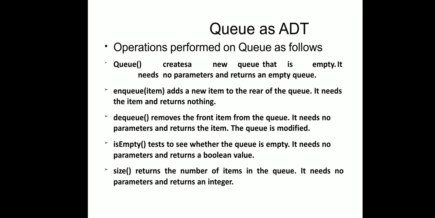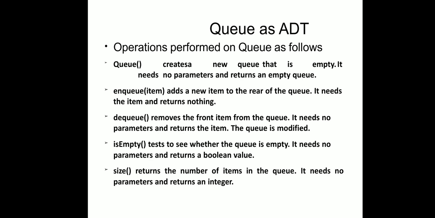In this case we don't specify any position because it gets added at the designated location, so we only pass one parameter, the item you want to insert in the queue. The next operation is dequeue, for which you don't have to pass any parameter; the item present at the front side will get removed.